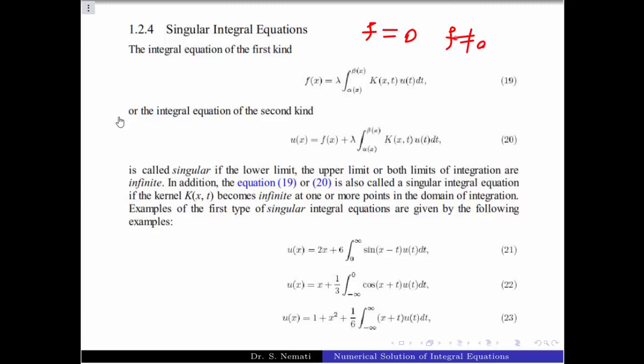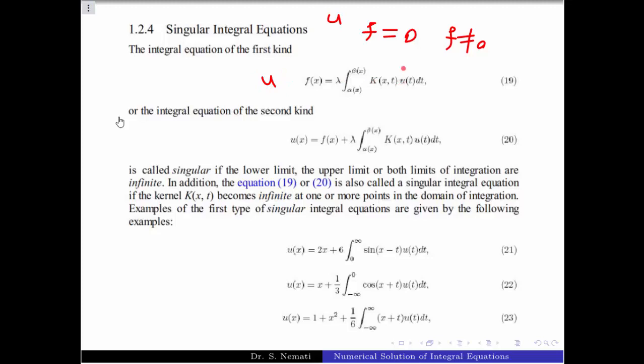And for being second kind, we should have u, the unknown function, outside the integral and also inside the integral sign. But here, when we talk about first kind singular integral equation and second kind singularity, it's a little different. Let's see here the integral equation of the first kind. You see here that we don't have the function u, which is our unknown function, outside the integral part.